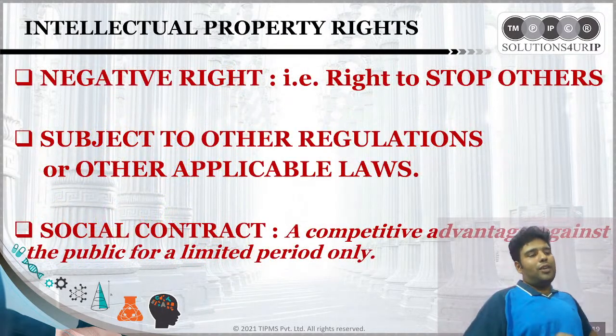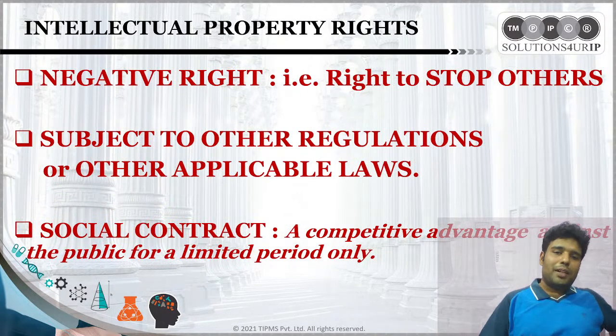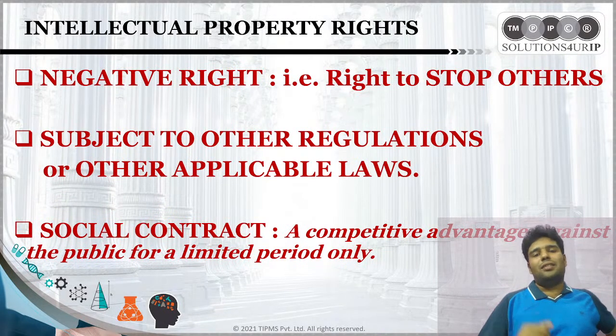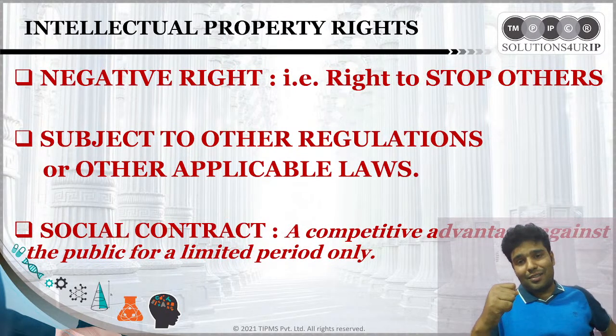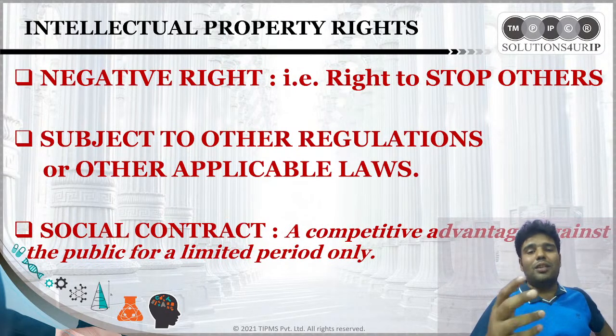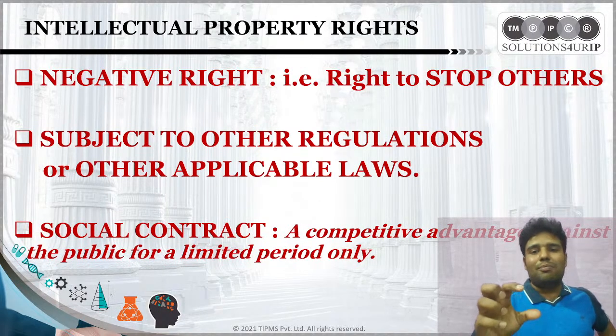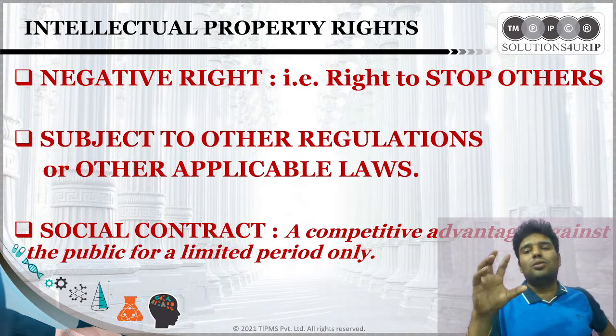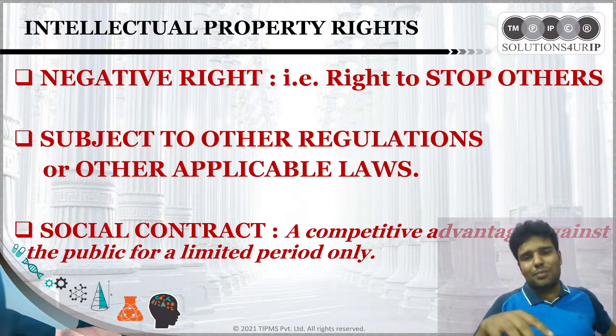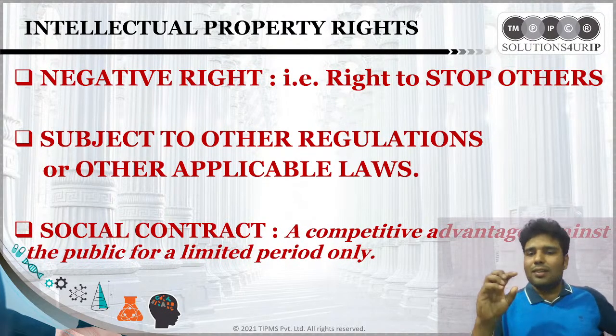So what are intellectual property rights? Intellectual property rights are a kind of negative right. I am not going very deep into the jurisprudence of the legal meaning of a negative right. There are other aspects of a negative right as well. But at the simplest form, when I say intellectual property rights, it is a right to stop others from doing something.